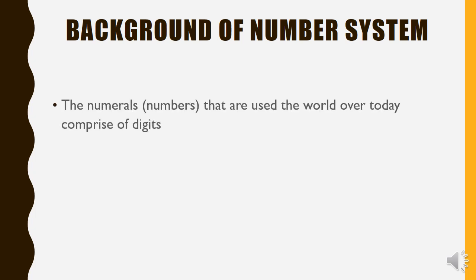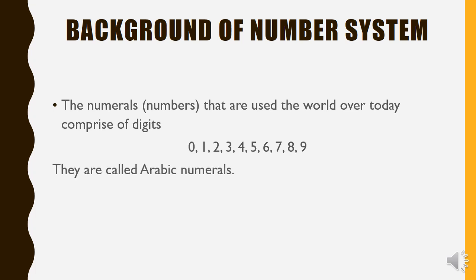The numerals, meaning numbers, that are used the world over today comprise of 10 digits that are 0, 1, 2, 3, 4, 5, 6, 7, 8 and 9. These are called Arabic numerals.